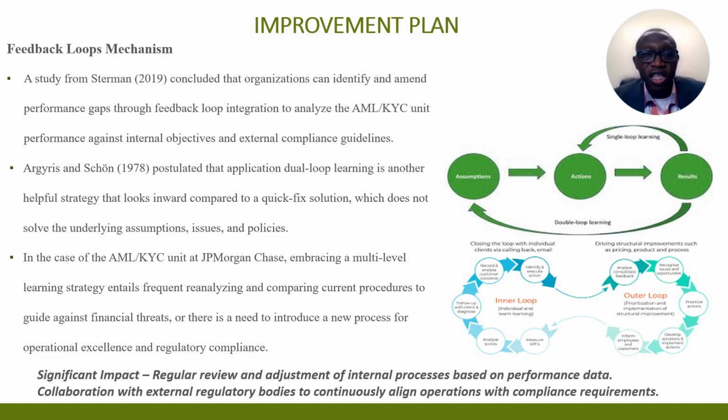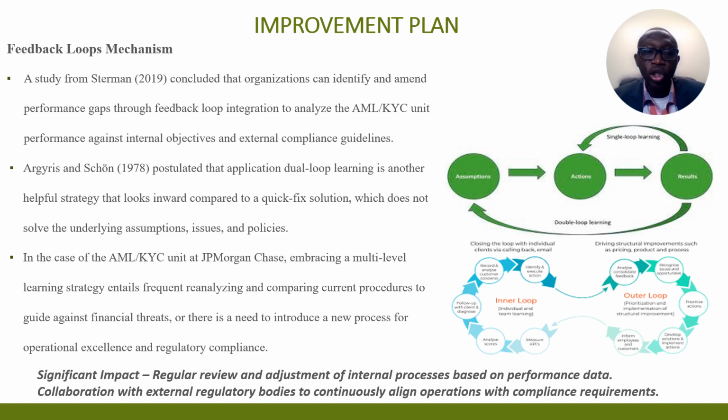The last but not the least of the improvement plans is the feedback loop mechanism. How do we apply that? If you look at the diagram here, it's an arrow that goes all the way and comes back, and there's an inner loop and an outer loop. The effect of this feedback loop on this business unit is that we are going to be able to regularly review and adjust internal processes based on performance data.